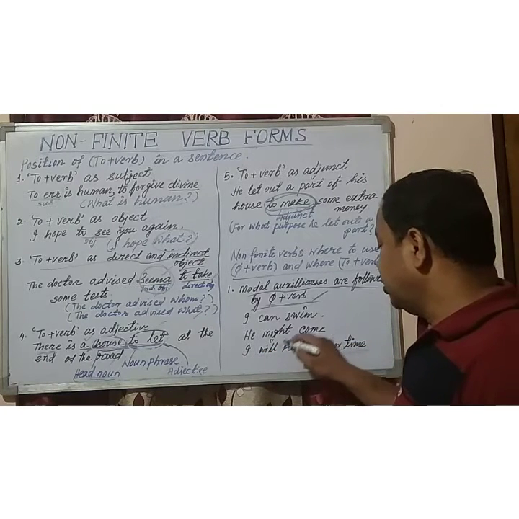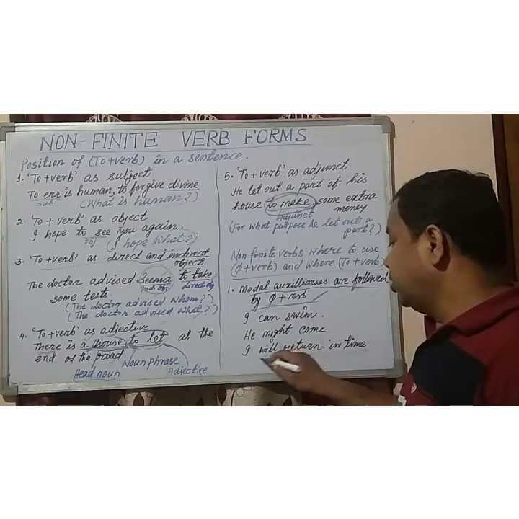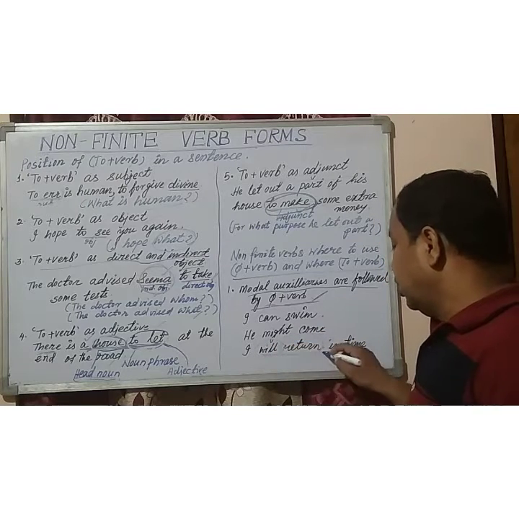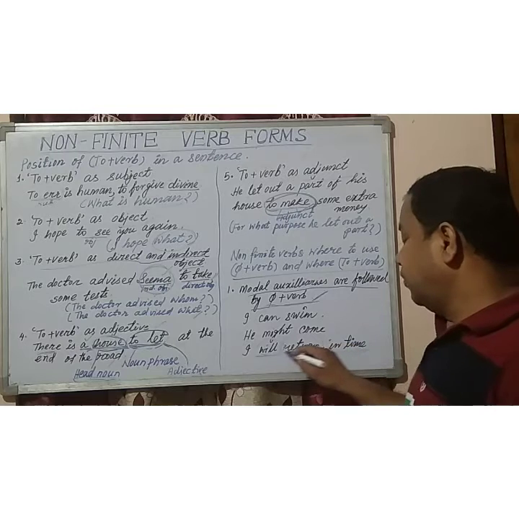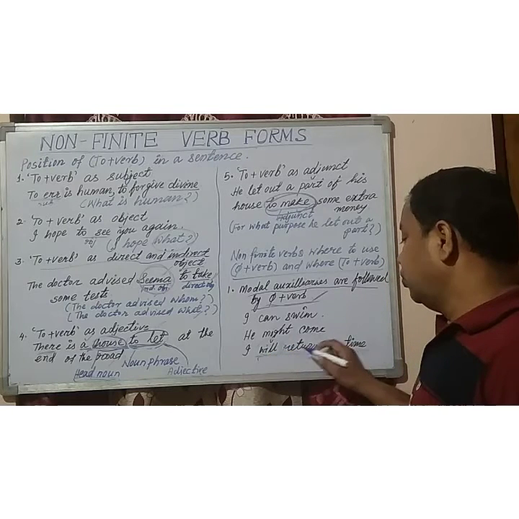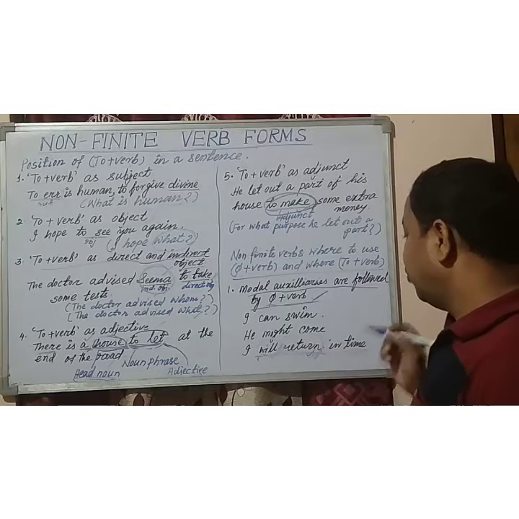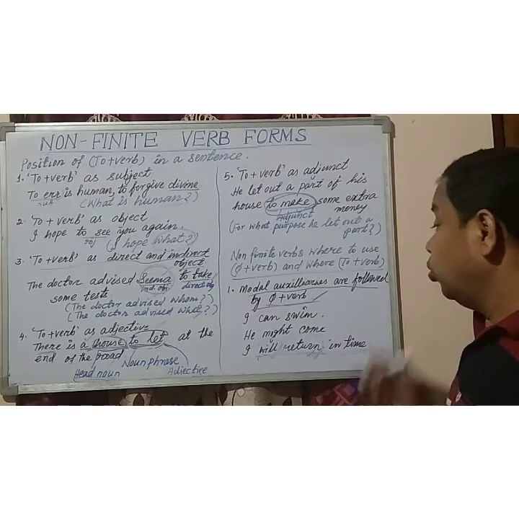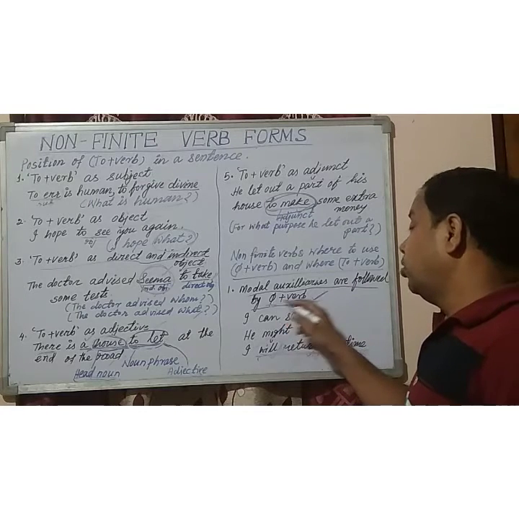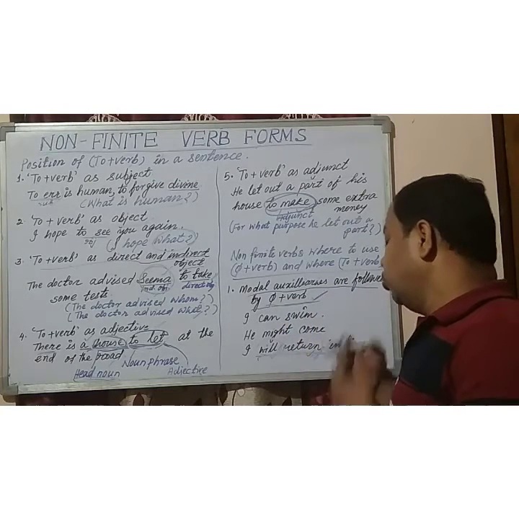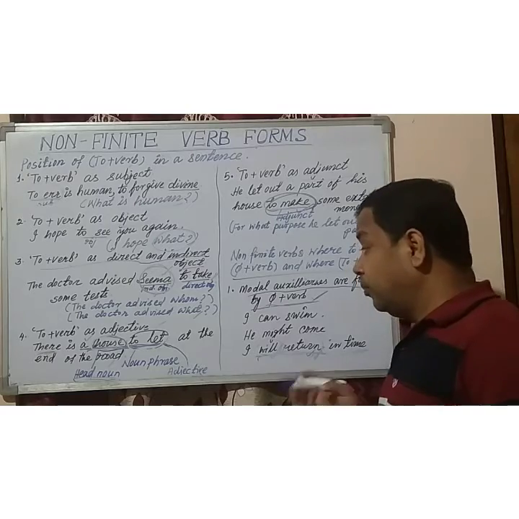Return is the verb and will is the auxiliary. In this group, will is modal and return is the verb. So return is a non-finite verb and it is without anything. That means null plus verb. It is without anything, only the verb.